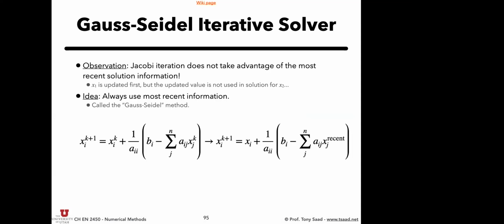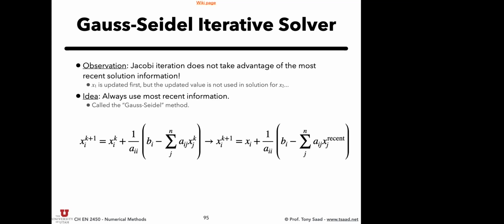So in other words, it's just a simple manipulation of the Jacobi method, where on the right-hand side you're always using previous old information. Why don't you use the most recent information available? If you are doing x4 and you had x1, x2, and x3 over here, use the most recent ones that you just updated.